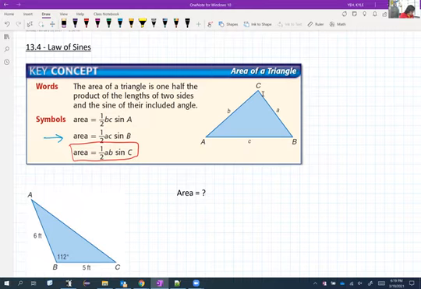So these three equations all say the same thing. The top one, 1/2 times B times C times, you guessed it, sine of angle A, the angle in between them. I like to just memorize and think of that bottom one, 1/2 AB sine C. That's how I learned it, and it keeps those values in alphabetical order. So 1/2 AB sine C. And using this, we can find the area of any triangle, which is kind of handy.